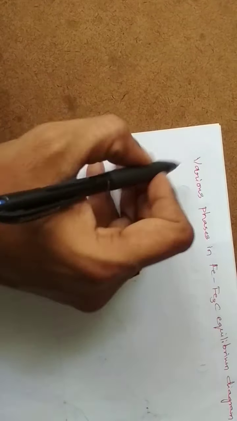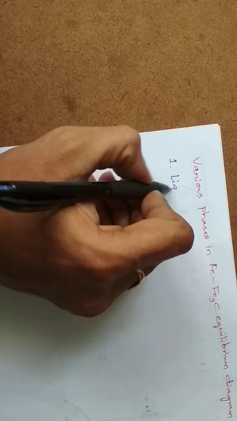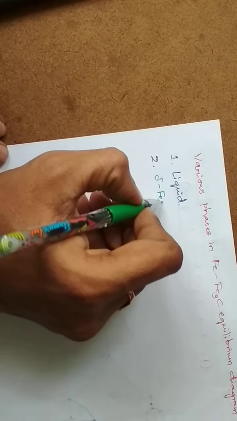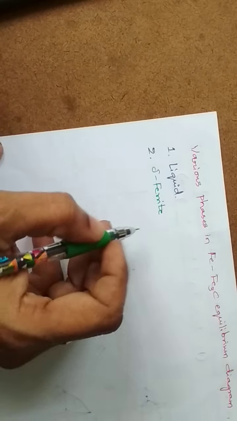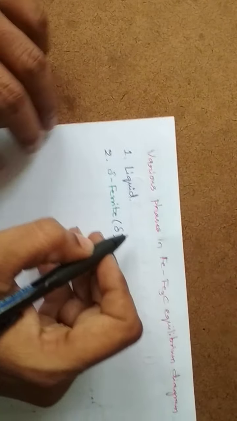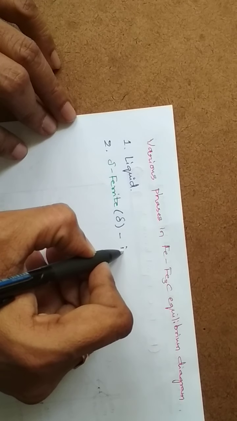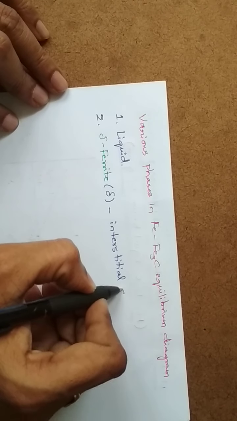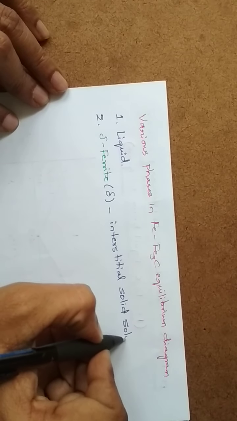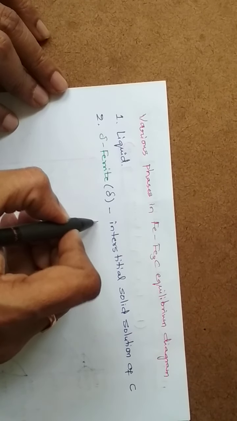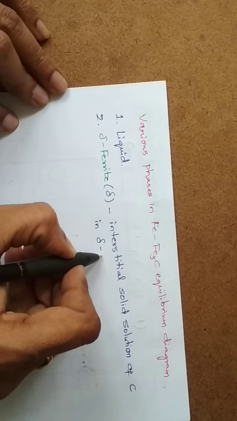So the first one is liquid. Okay, the second one is delta ferrite. Okay, and it is represented as delta. So what is delta ferrite? It is the interstitial solid solution of carbon in delta iron.